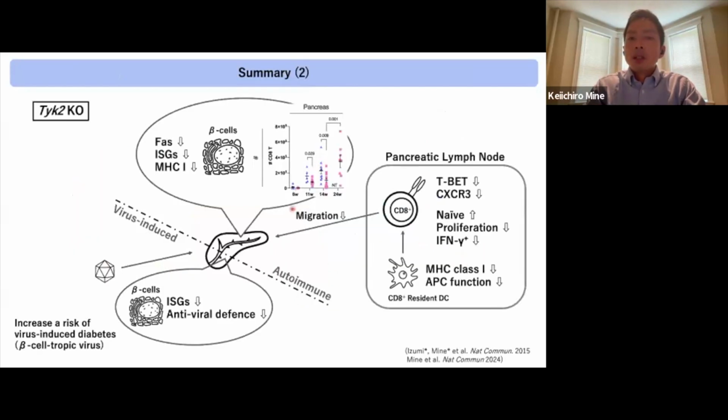These results suggest that the decrease in the number of CD8 T cells in the pancreas of TYK2 knockout mice may be due to a reduced number of TBET positive and CXCR3 expressing CD8 T cells in the pancreatic lymph node.